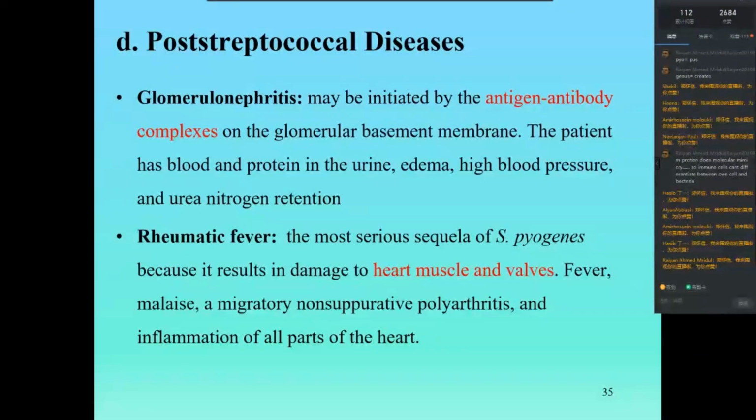So this is a serologic test. We can use specific antigen to detect whether there is antibody in the patient's serum. And this is the ASO test. If the patient's serum can react with the bacterial antigen, we'll know that there is some antibody, and you can get some information.